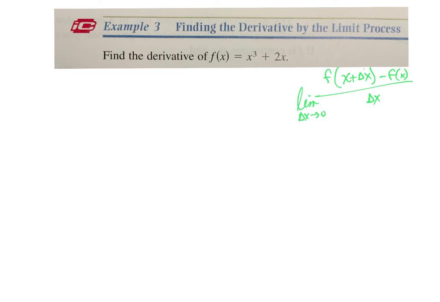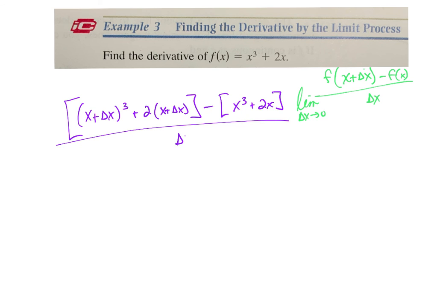Well, that's all fine and dandy, except that I'm going to have to do x plus delta x cubed plus 2 times x plus delta x. If I can write it correctly, that would be great. All right, and that is just my first part of it, right? Minus x cubed plus 2x all over delta x.